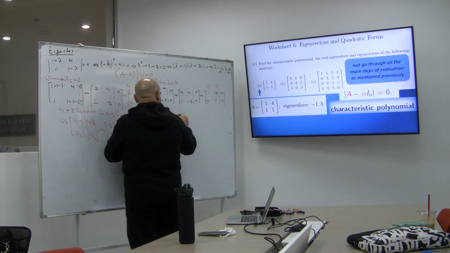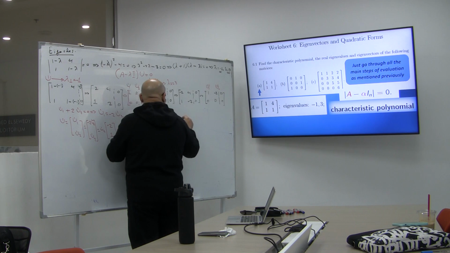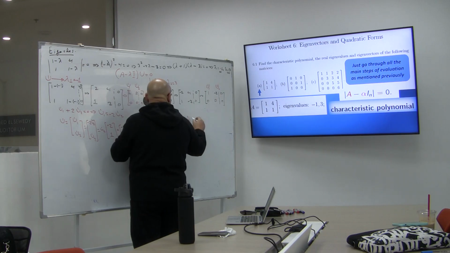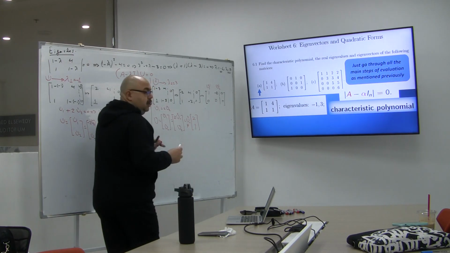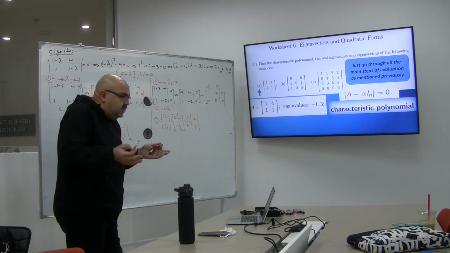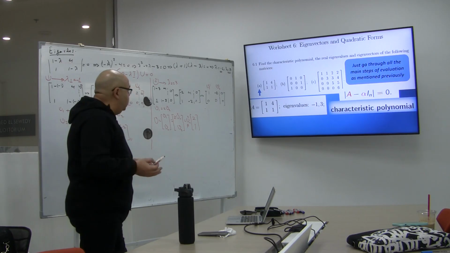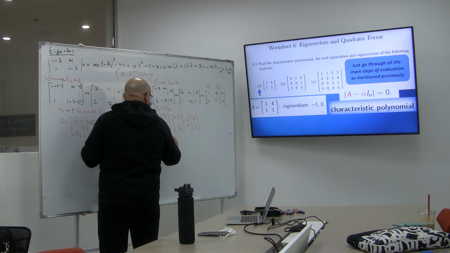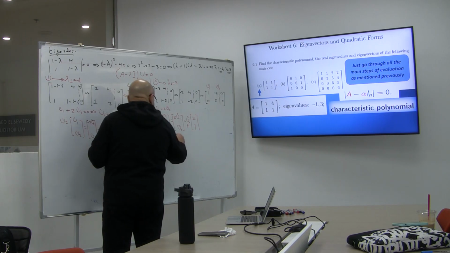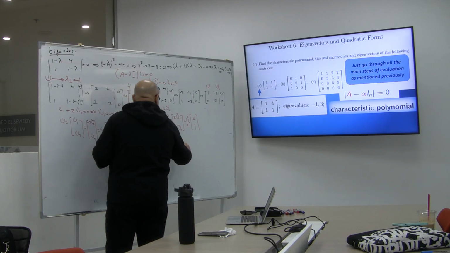I will make the substitution, which is going to be 2 u22 and then u22. I will take u22 as a common factor, which is going to lead to 2 and 1. Then I will consider the second component of u2 as any number that you would like. Here I don't have fractions, so it really makes sense to take it as 1. So the second eigenvector is going to be 2 and 1.